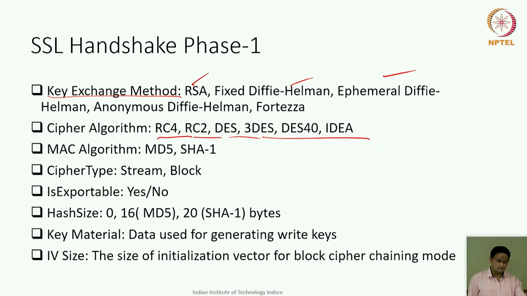Going forward, there are a few more additions. And then the MAC algorithm, MD5, SHA-1, and you can use either stream or block ciphers. The difference between block and stream cipher is the following. If you use a block cipher, let's say the crypto algorithm takes a fixed size input, let's say 10 bytes.